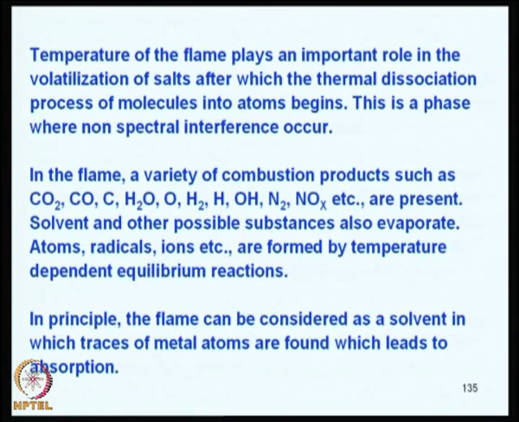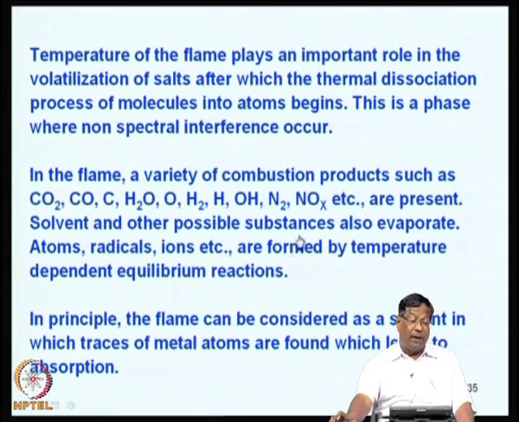For example, if you are passing acetylene and air into the flame, a variety of combustion products such as carbon dioxide, carbon monoxide, simple carbon atoms, water vapor, oxygen, hydrogen ions, atoms, OH radicals, nitrogen, NOx, nitric oxides, N2O5, NO2, NO, several types of NOx compounds could be present.